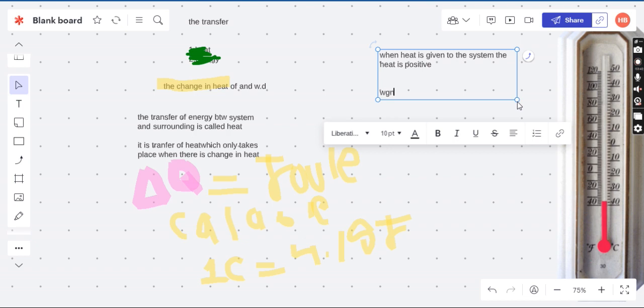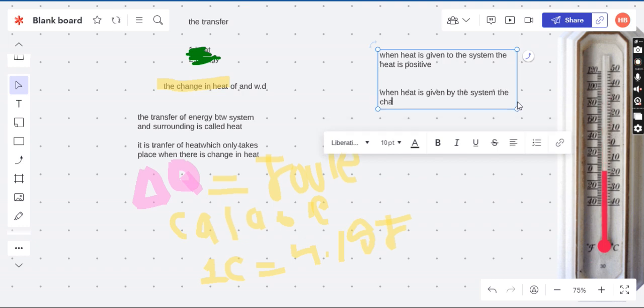And when heat is given by the system, the change in heat is negative.